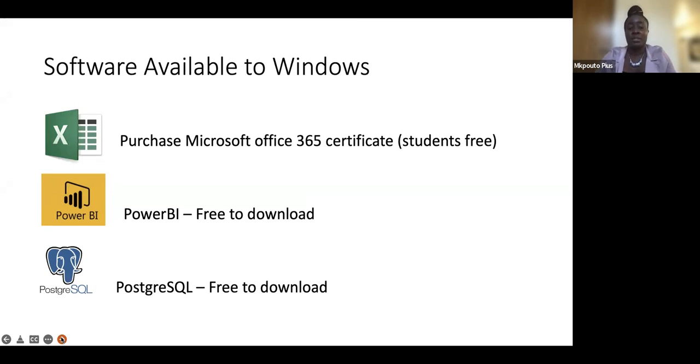So at the moment, Microsoft Excel is available on Windows. I think up to 5 years ago or 3 years ago, when you bought a new Windows computer, you would have Microsoft Office downloaded. So all the Microsoft Office apps would be there.